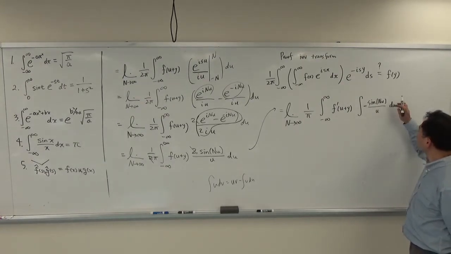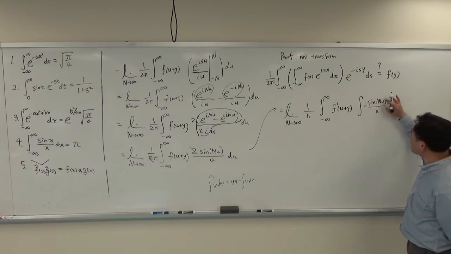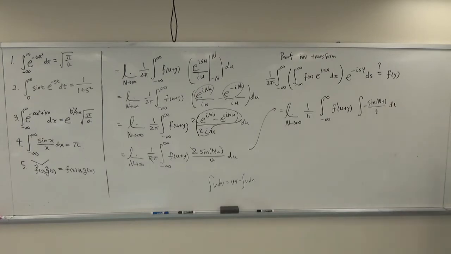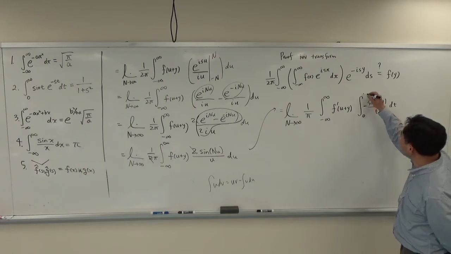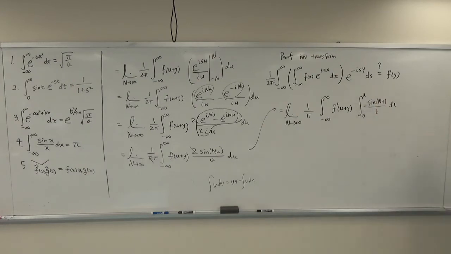Since this is an integral you can't do, sine x over x you can't integrate, right? So we're going to just change this into, say, t, and then integrate from 0 to u. Then it makes sense, right?